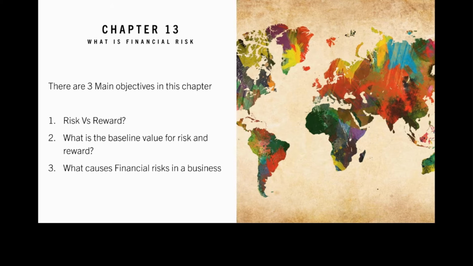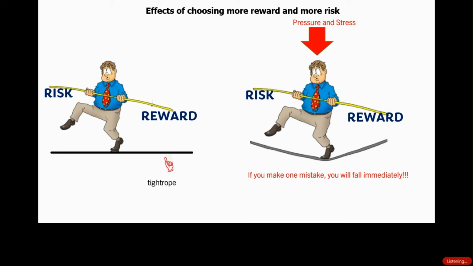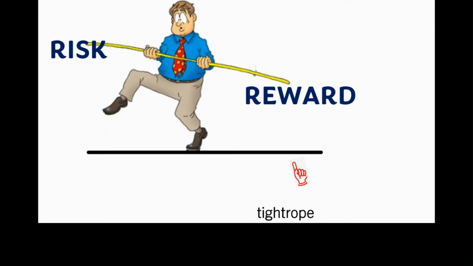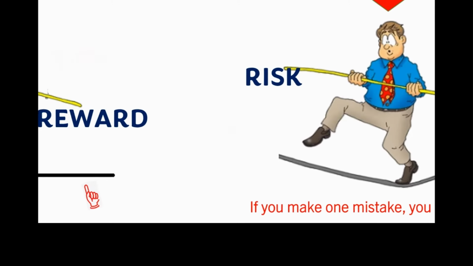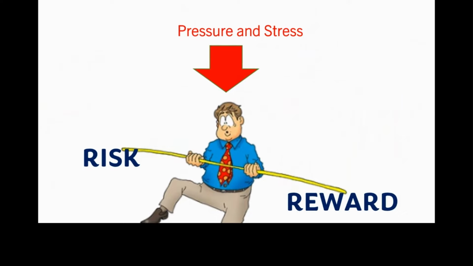So let's get started. I'm sure everyone has heard before risk versus reward. And so I have this little picture here to demonstrate and something to think about as you take on a more risky investment. On the left, we have a marginal amount of risk and reward on the bar as the person is walking the tightrope. And over on the right hand side, you can see that the person has taken on more risk for more reward.